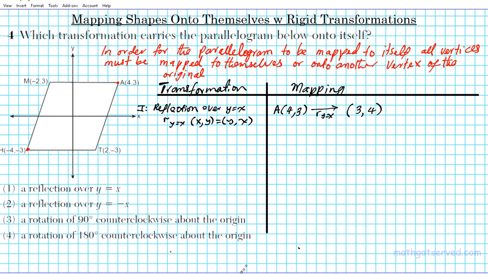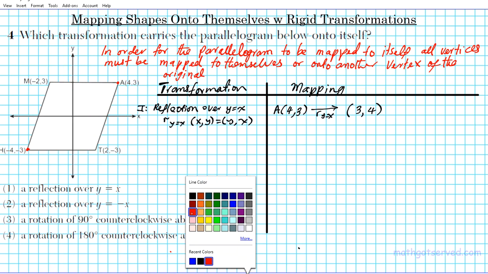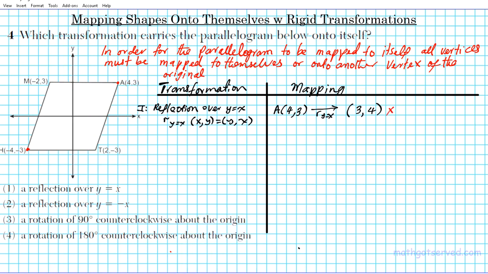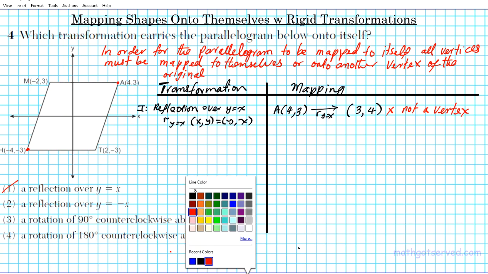The answer is no. So 3, 4 is a fail because this is not a vertex. What does that mean? Transformation number 1 fails. It's not the answer, because it's mapping this vertex to some random point that's not a vertex, so it doesn't map it onto itself.